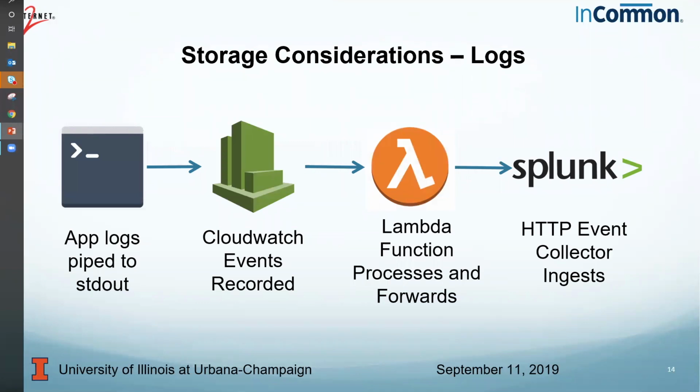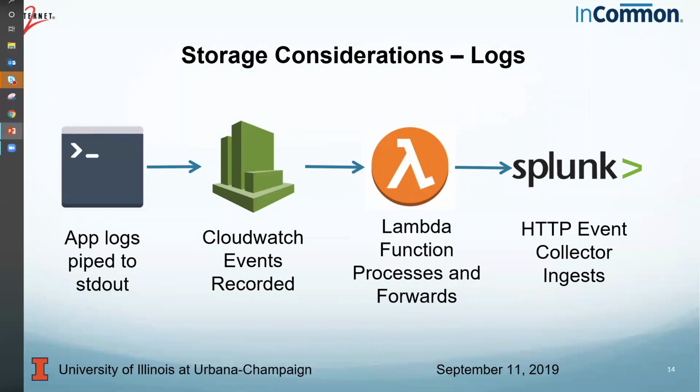So we've devised a simple workflow here where when the app logs are piped out to standard out, because we're in the AWS Fargate infrastructure, those logs automatically get recorded as CloudWatch events. Amazon CloudWatch is their logging infrastructure. Further, we built a Lambda function, which is essentially a serverless block of code that executes on a trigger, and that trigger is anytime there's a new CloudWatch event recorded.